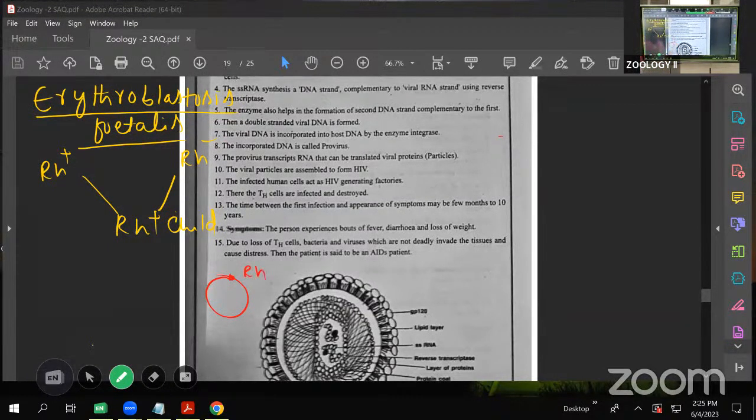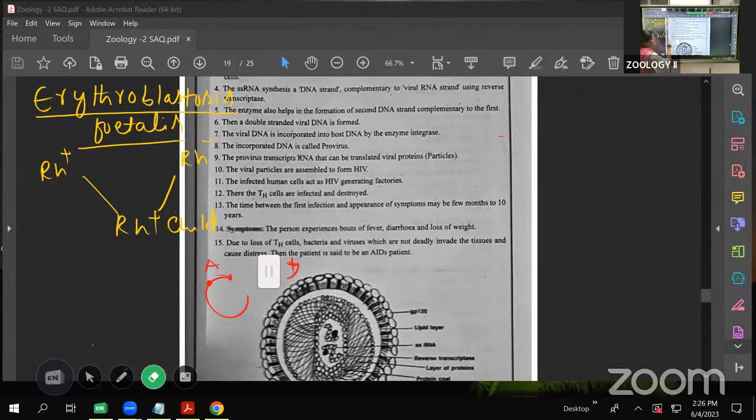For example, one person is having the A positive group. The RBC is having the A antigen as well as the Rh antigen. That is called a positive blood group. Some are having the Rh antigen, but some are not having this type of antigen.